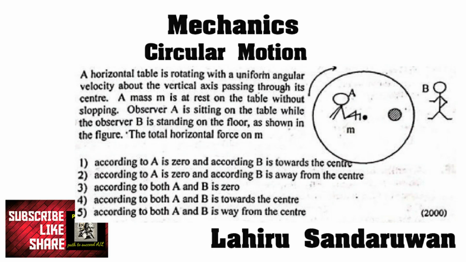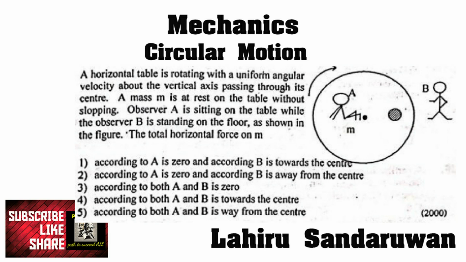The horizontal table is rotating with a uniform angular velocity about the vertical axis passing through its center. A mass m is at rest on the table without slipping. Observer A is sitting on the table while observer B is standing on the floor.